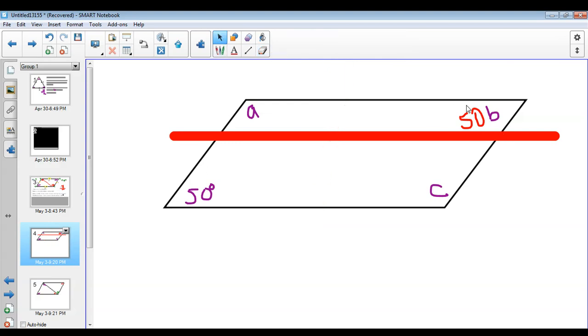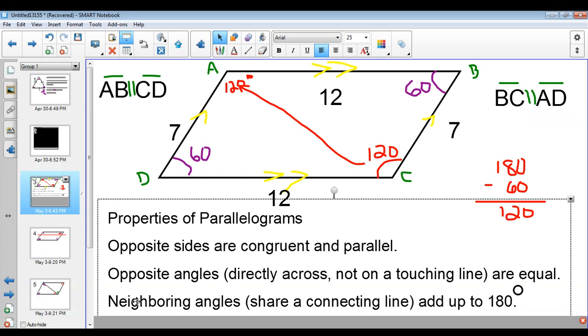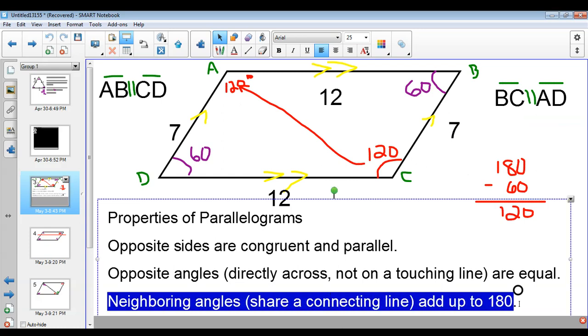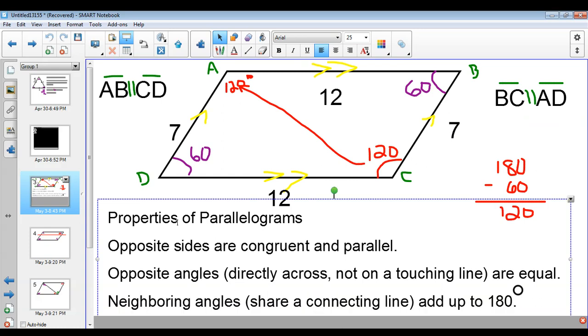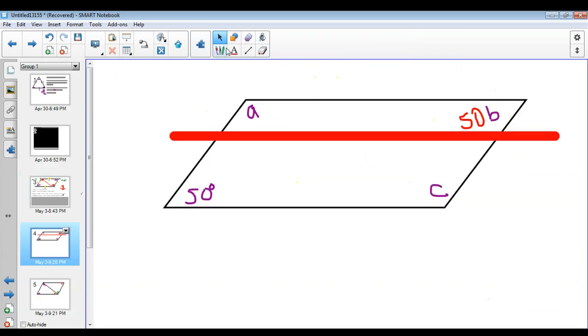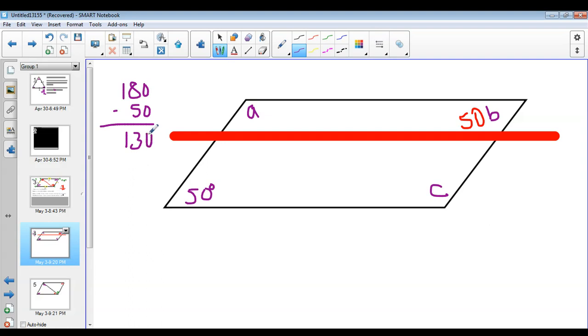All right, so we're going to do 180 minus 50. And the reason for that is because neighboring angles add up to 180 degrees. So if I jump back over here and I do 180 minus 50, I'm going to learn that angle A is 130 degrees.